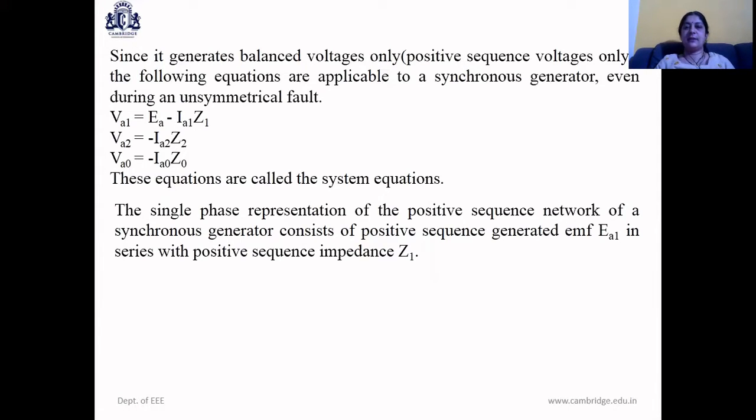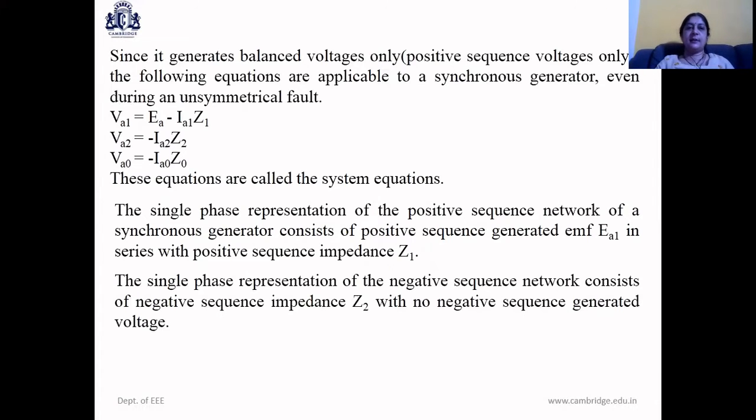The single phase representation of the positive sequence network of the synchronous generator consists of positive sequence generated EMF in series with a positive sequence impedance Z1 through which the positive sequence current IA1 flows.